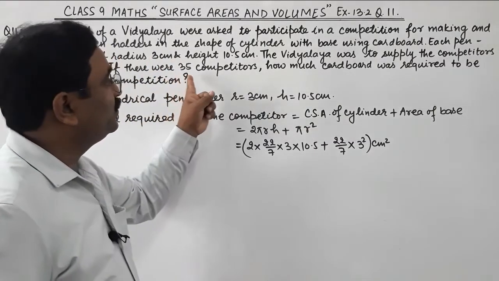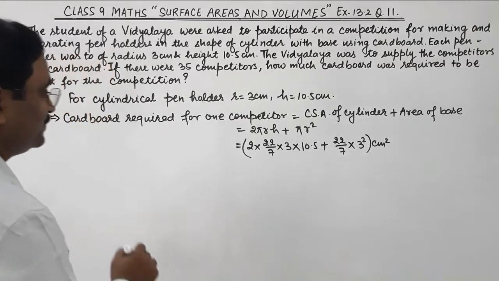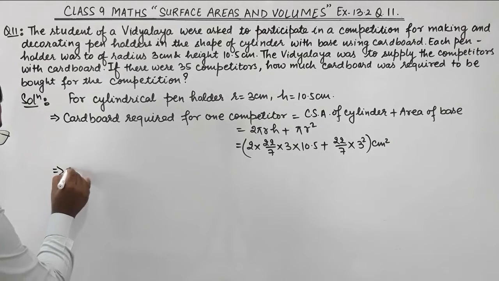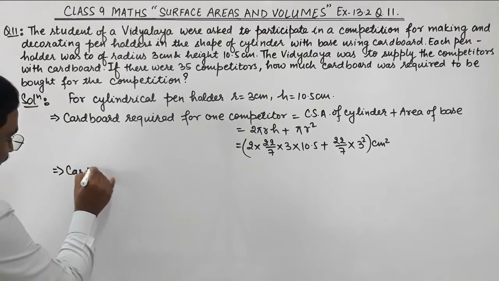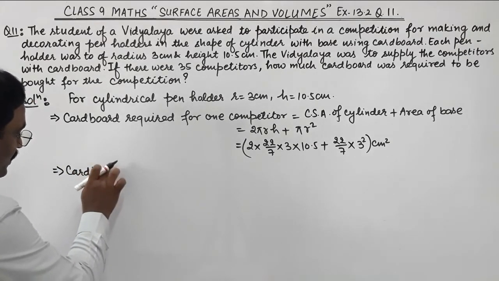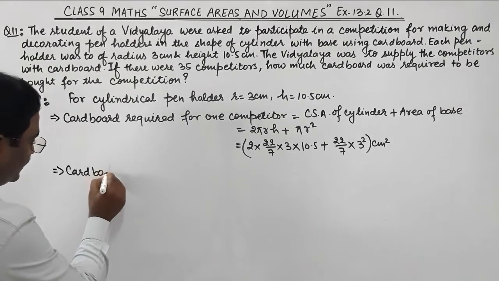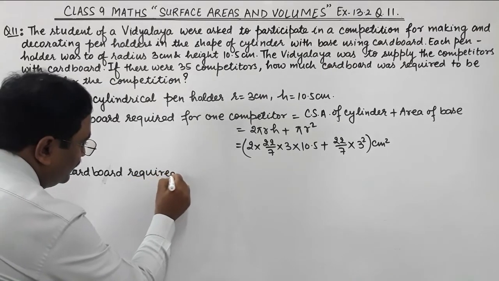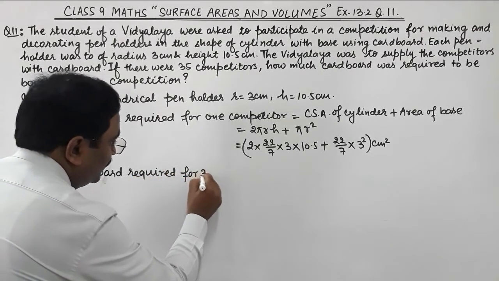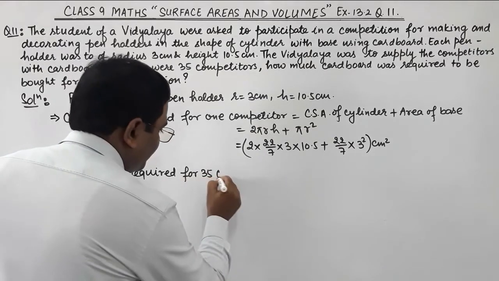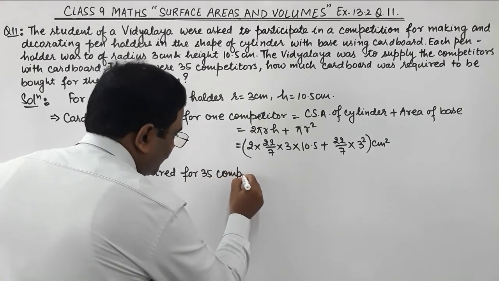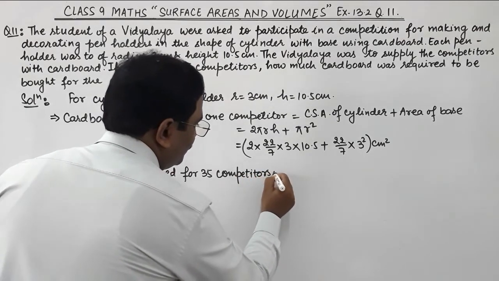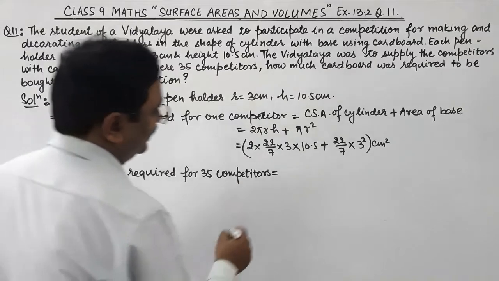So the cardboard required for 35 competitors is equal to, we have to multiply this by 35.